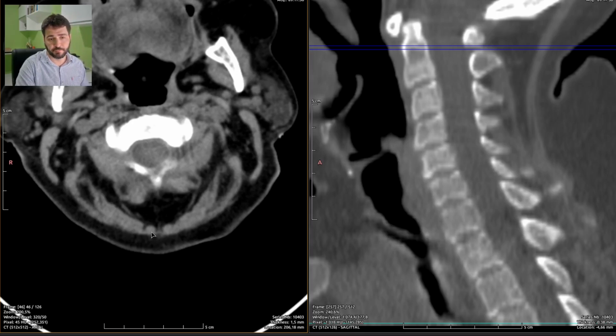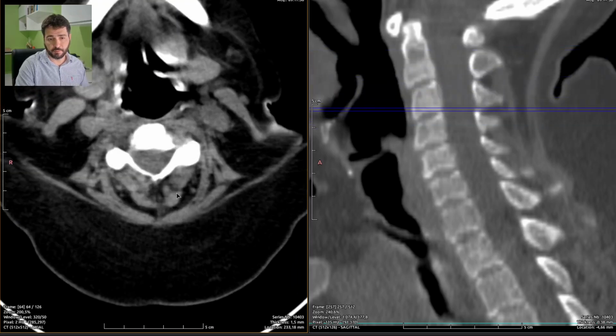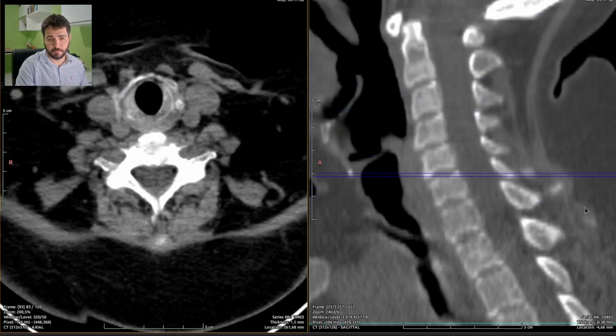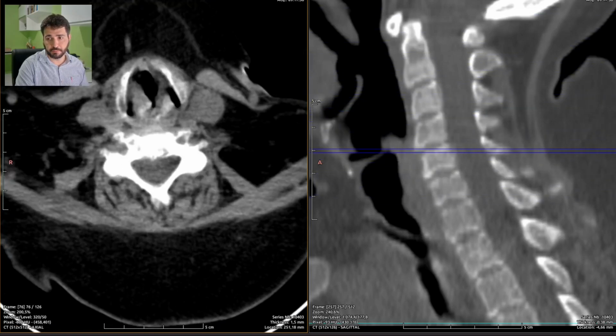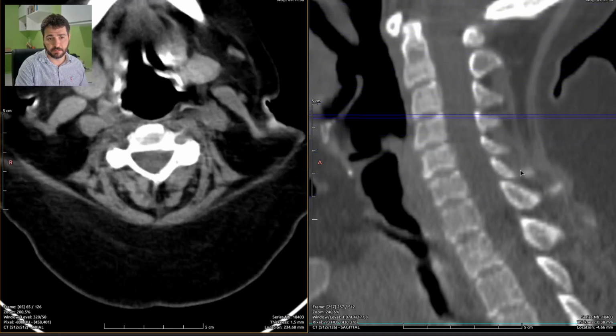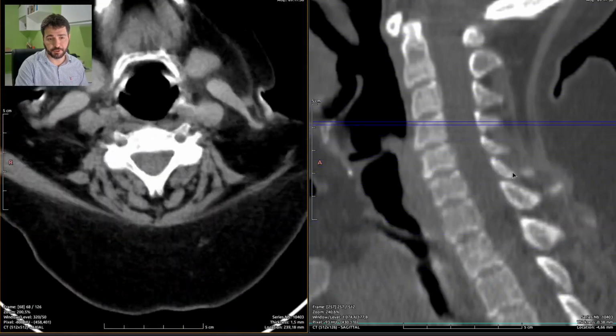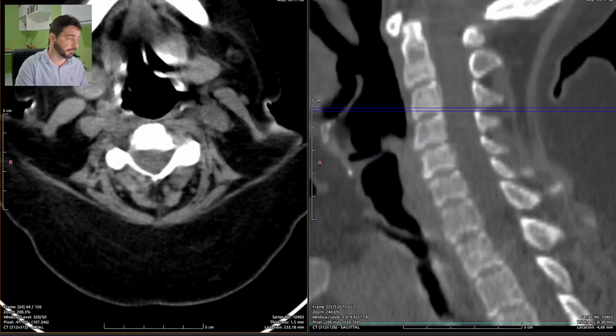There is diffuse hypertrophy of the perivertebral muscles, and the patient is extremely obese. This is a really large patient, so it really doesn't help much either way.